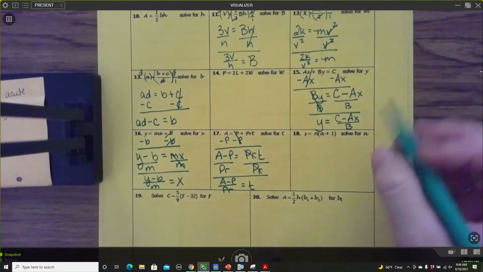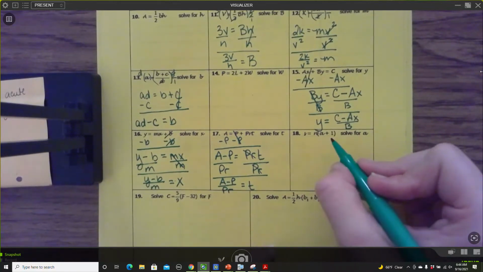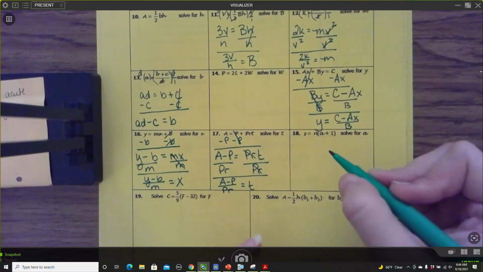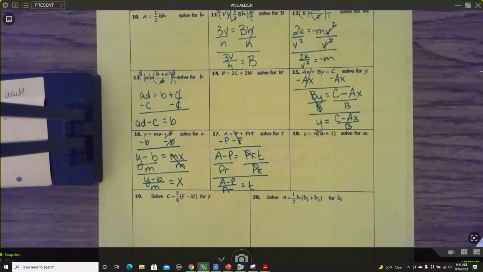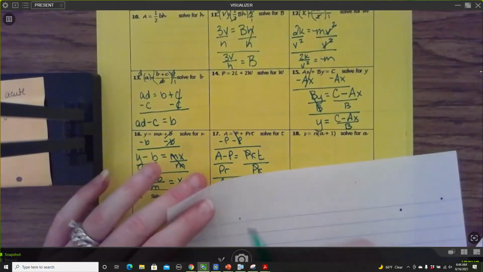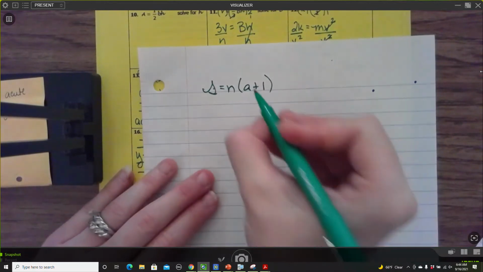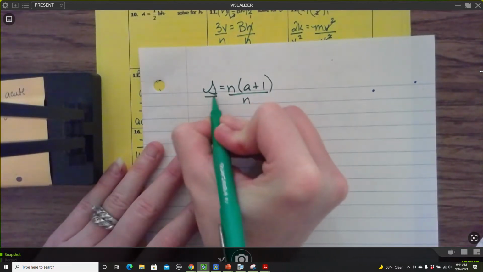All right, the next one says solve for A. Here what I need to do is get rid of that n first, or I can distribute it. Let me work it both ways, okay? We've got S equals n times a plus 1. What I could do is divide both sides by n.